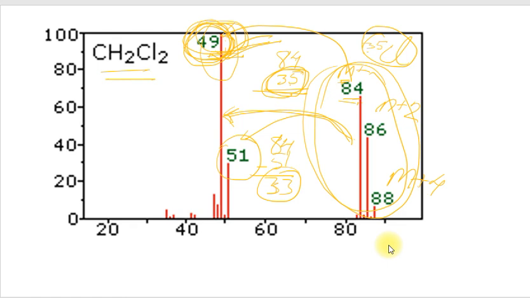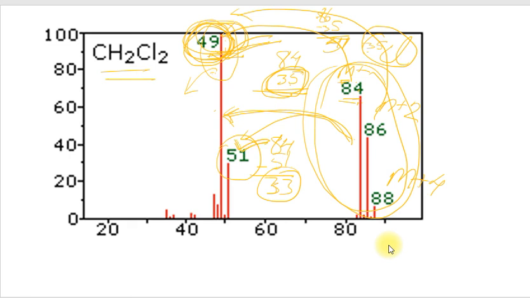You can calculate the next fragment which is lost. You can remove another fragment, or you can have other peaks. Say when you remove chlorine 35 from 86, 86 minus 35, you have a peak at 51.